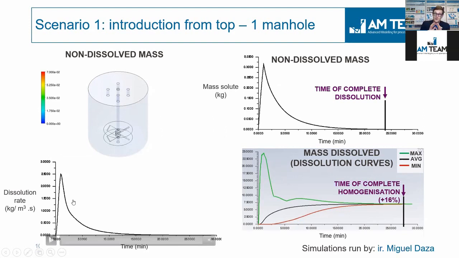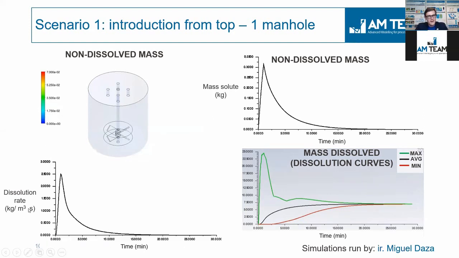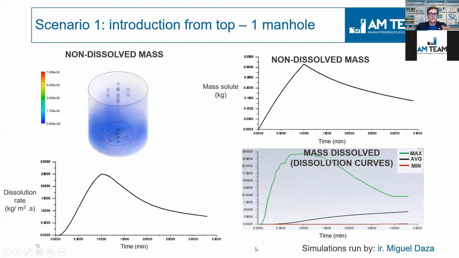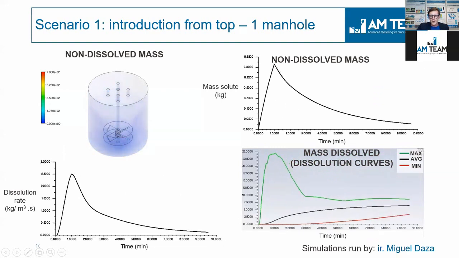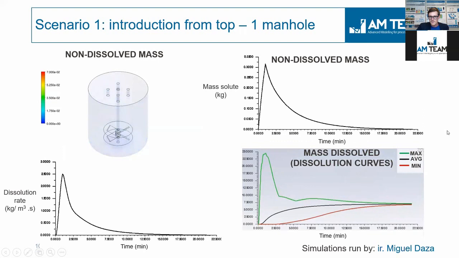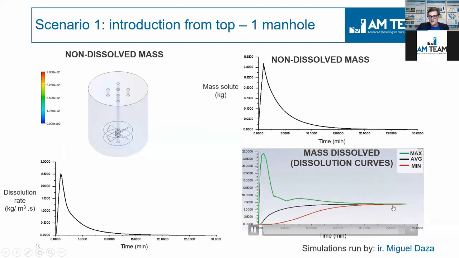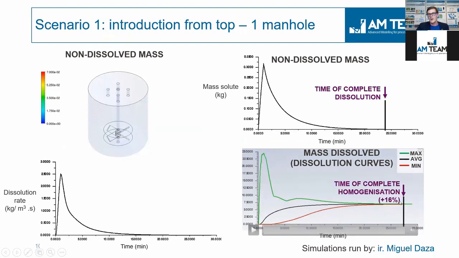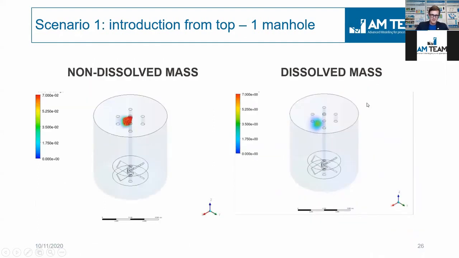Initially, when you have nothing dissolved, the speed is very high. I will play everything one more time so you see what's happening. Here you see that you almost reach complete dissolution, and then you have also reached final homogenization. In this specific case, the time for complete homogenization was around 16% longer than the time for complete dissolution. We will explain why this happens.